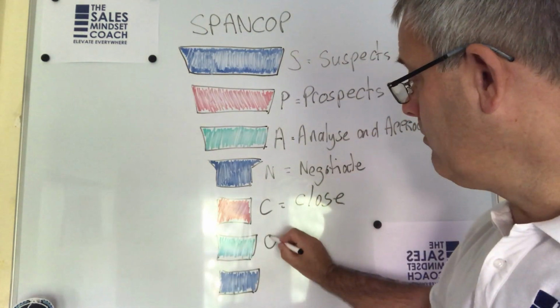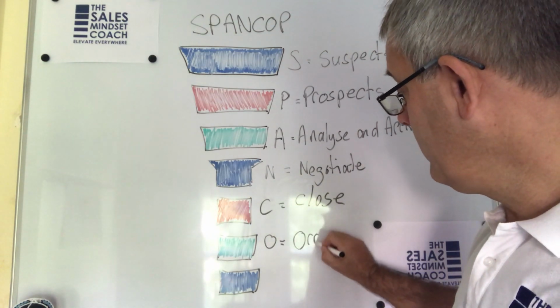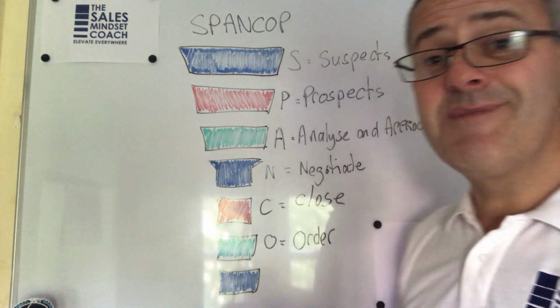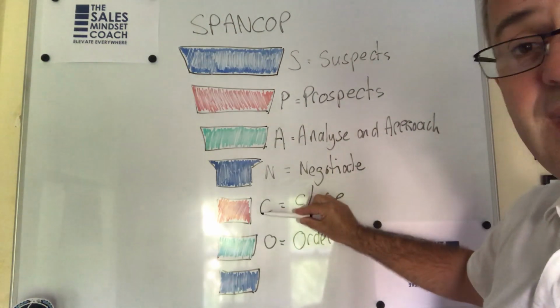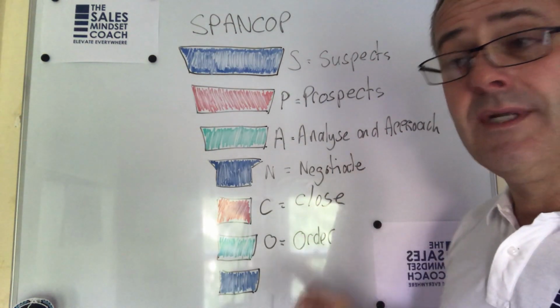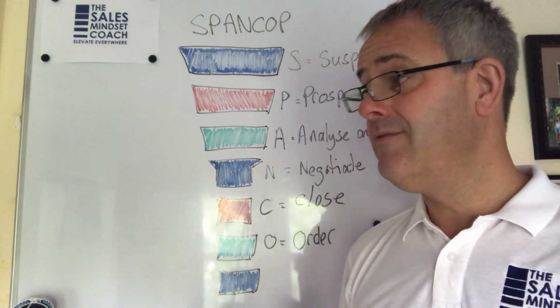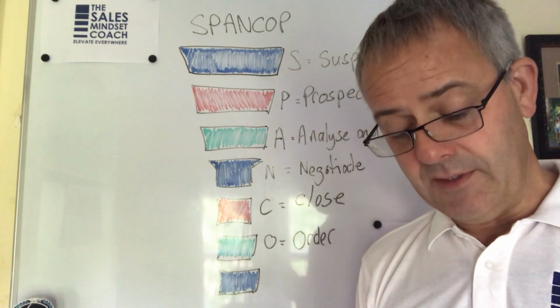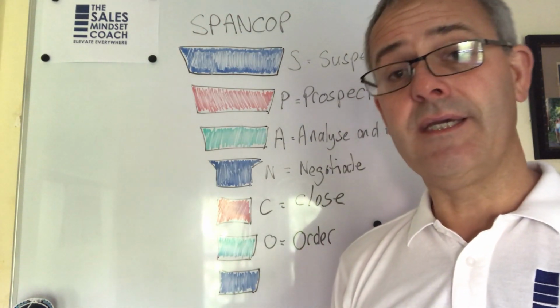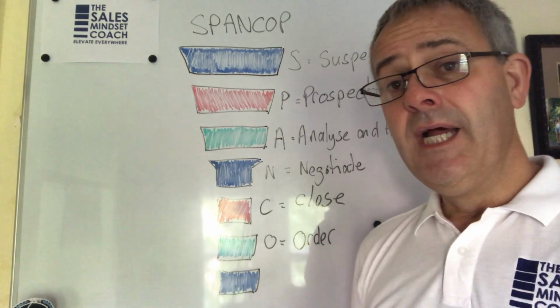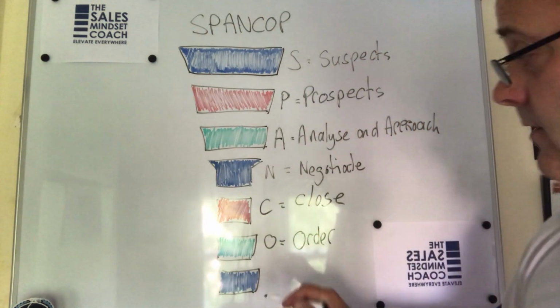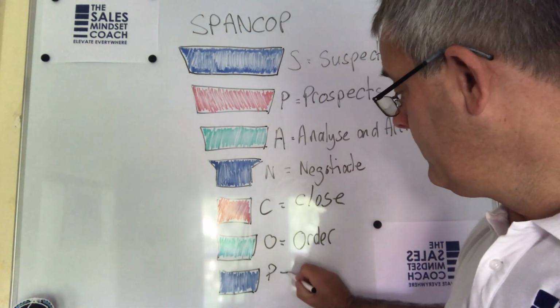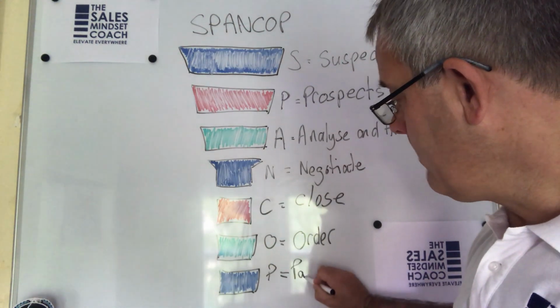Of course, really important is that they actually place an order. Sometimes a lot of work goes on up here. We close the deal, the order doesn't come, but this is about receiving the order and ensuring that you take it to that next step. So the last step in my sales funnel is a P again, and it's payment.